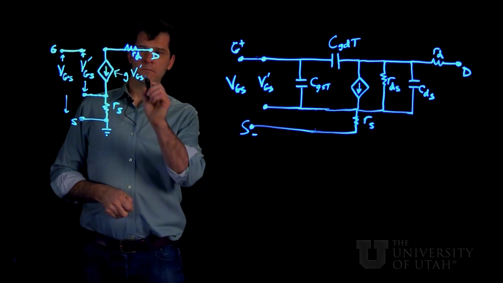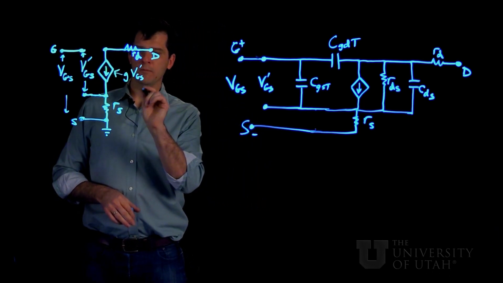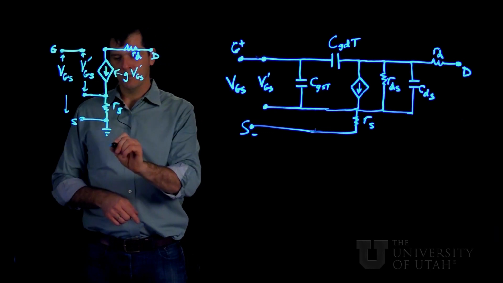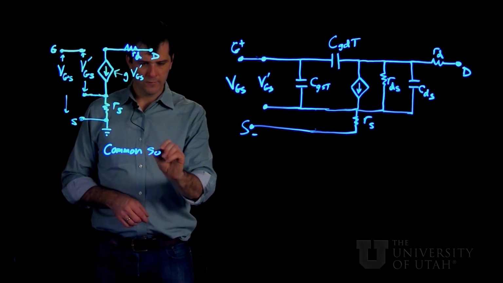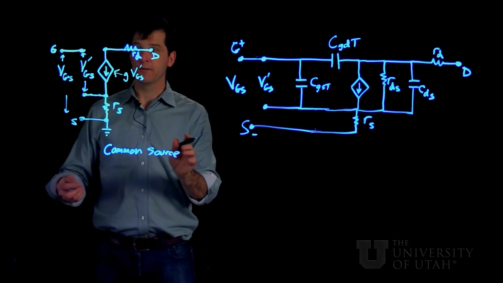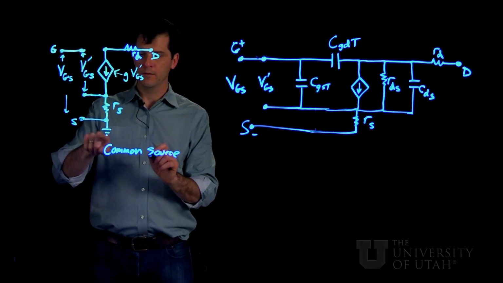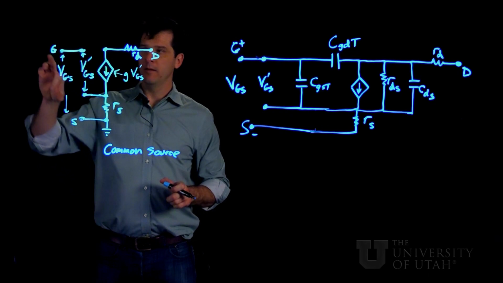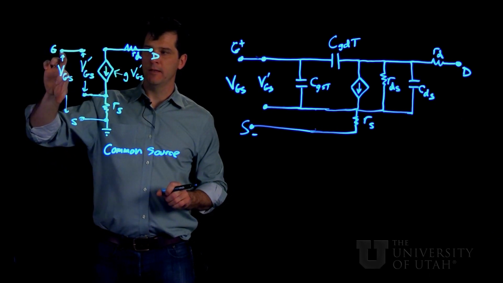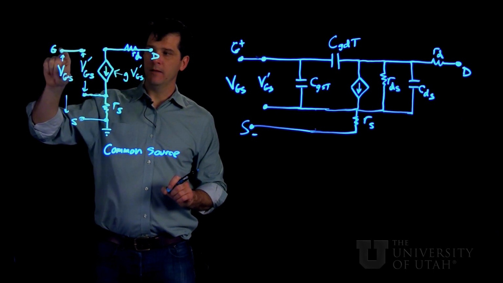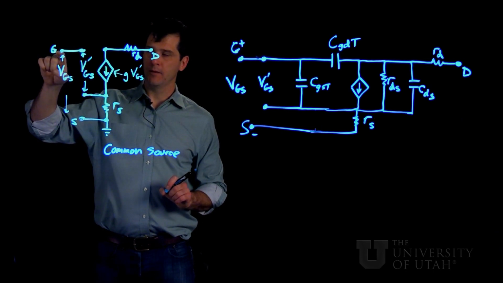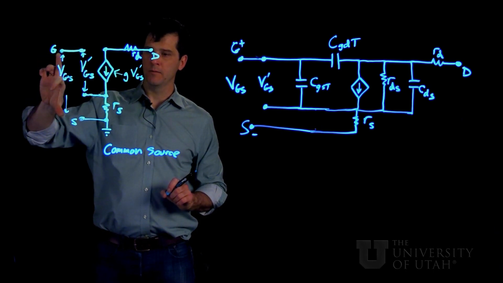So remember we're talking about a common source configuration. So our source is grounded, and all of our voltages are then with respect to the source. So our gate voltage is this big here.